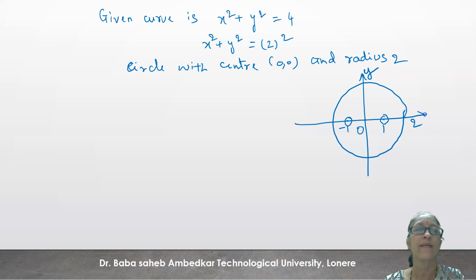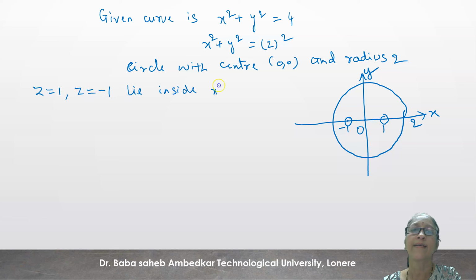So here z equal to minus 1 and z equal to plus 1 lie inside the circle x square plus y square equal to 4. Okay, then we can write this.